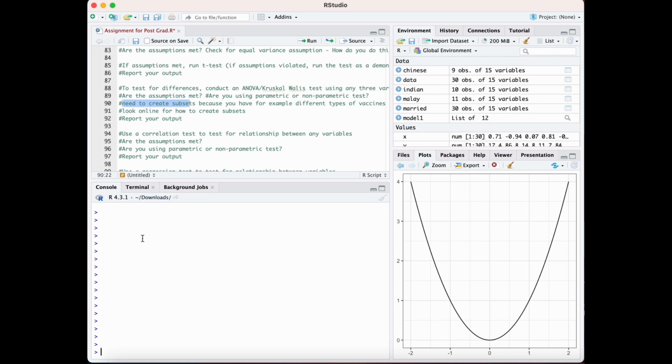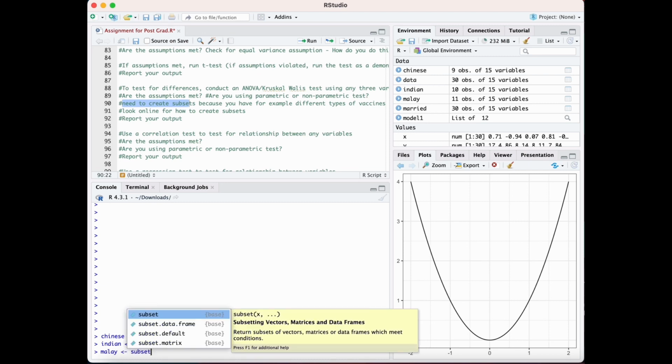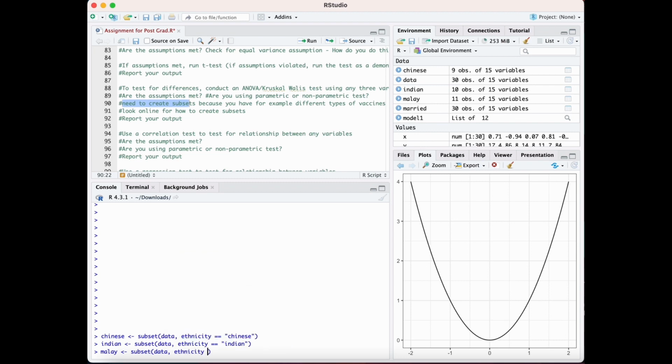For now I will create a subset. I'll use ethnicity: Chinese, Indian, subset data, ethnicity Indian, and data ethnicity Malay.